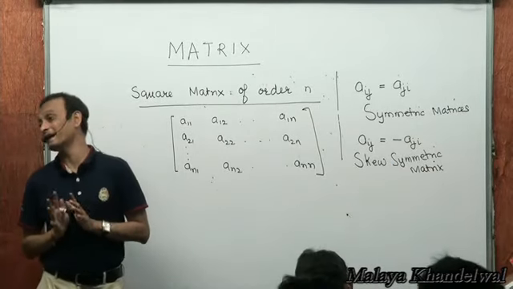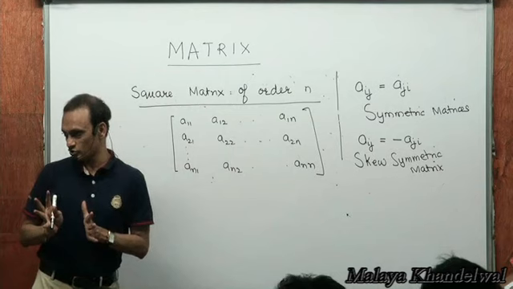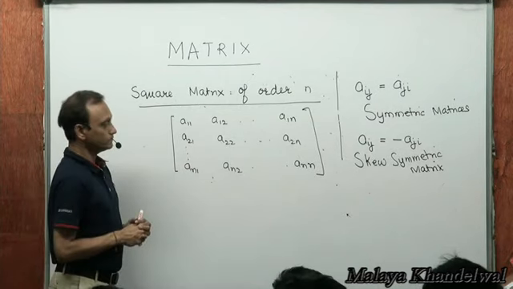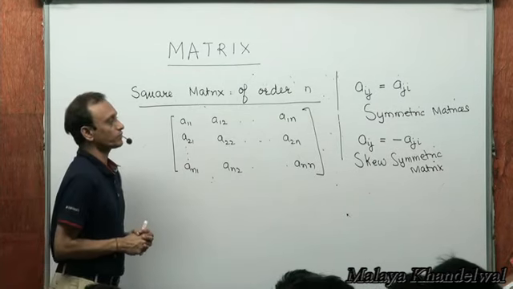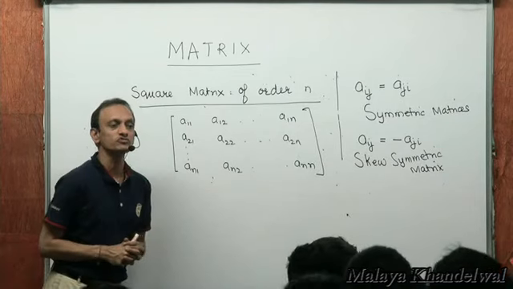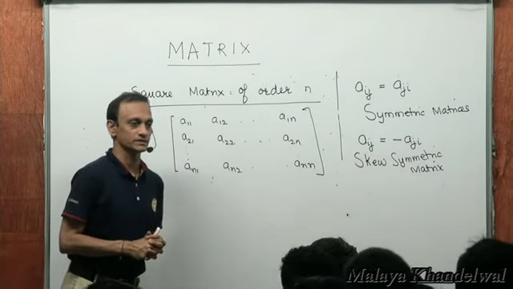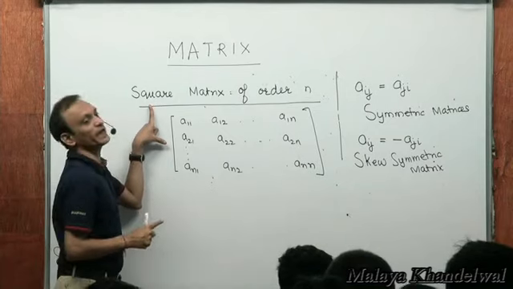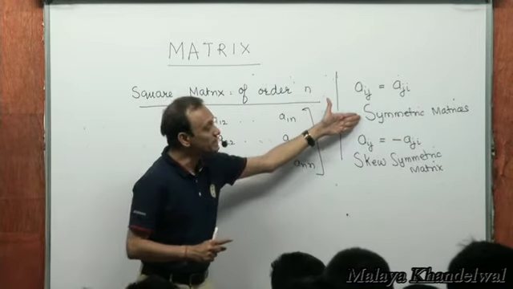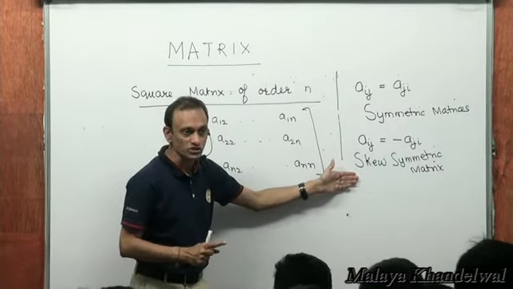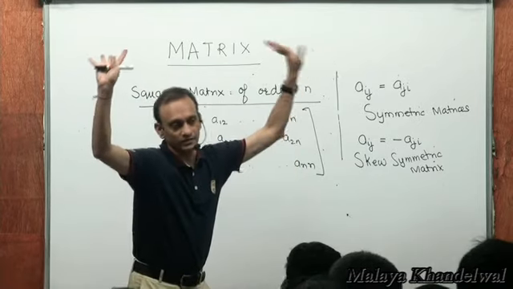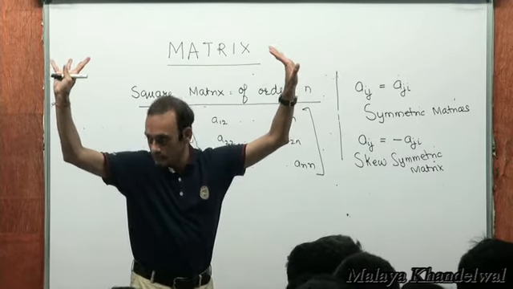If Aij is minus Aji, it's a skew symmetric matrix. Clear? Yes. We define symmetric and skew symmetric matrices only for square matrices. That's why I said, of square matrices, some of them would be symmetric, some of them could be skew symmetric, some of them would be neither symmetric nor skew symmetric, right?